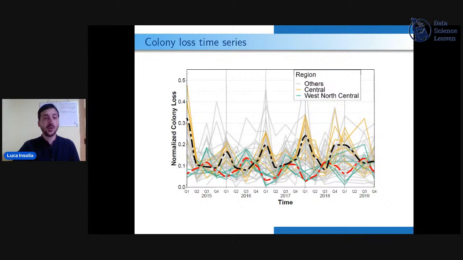Indeed, colony loss peaks during the first quarter in central states, whereas it reaches its minimum for West North Central states. And the opposite somehow holds during the third quarter of the year. This is just to highlight the fact that spatiotemporal information plays a major role in describing honeybee loss, and our model must take this into account somehow.